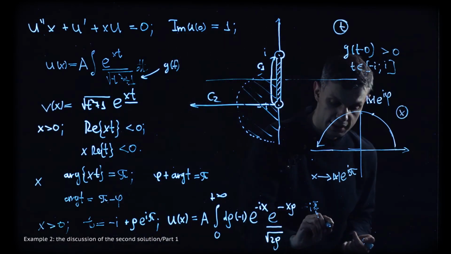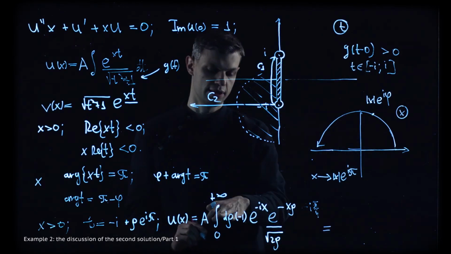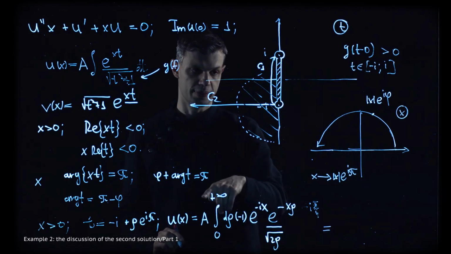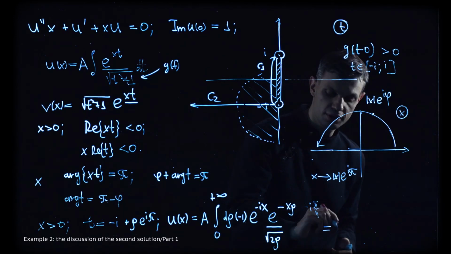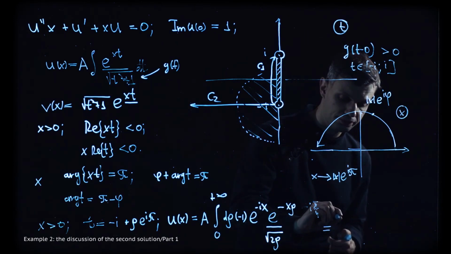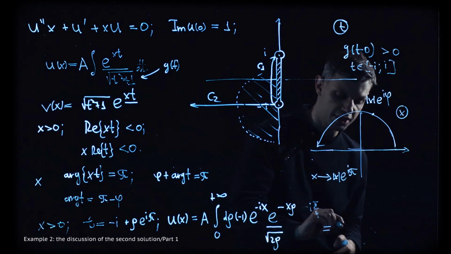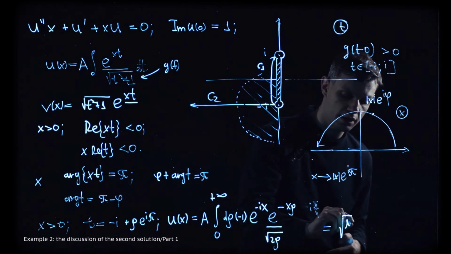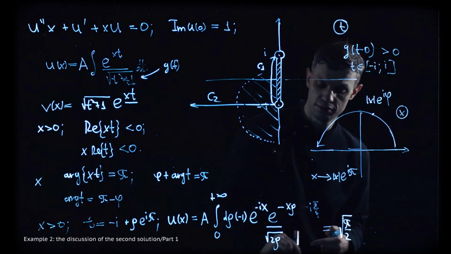As you remember, this integral gives you a simple gamma function, and here is our answer. The integral gives you the gamma function of 1/2, which is the square root of pi. We have here a factor 2, so the square root of pi by 2.